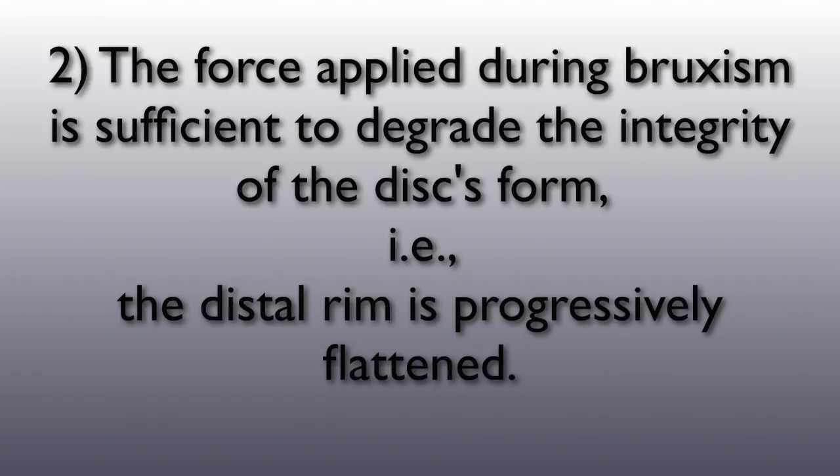The second risk factor is that the force applied during bruxism is sufficient to degrade the integrity of the disc's form. In other words, the distal rim is progressively flattened.